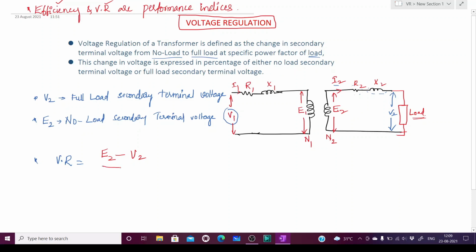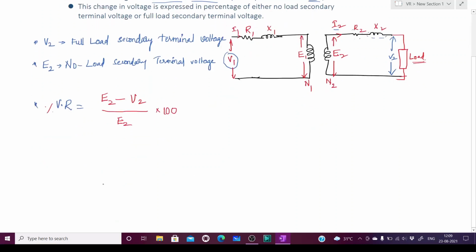If you divide by E2, the no load secondary terminal voltage, and multiply by 100, it gives the percentage. This is the general expression for voltage regulation.